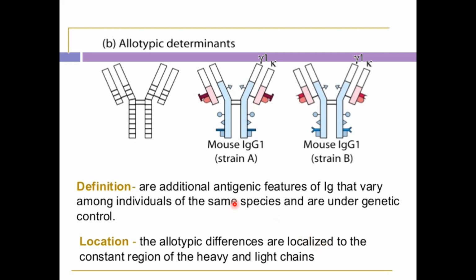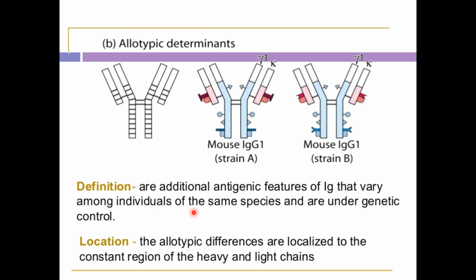Now, what are allotypes? Allotypes are additional antigenic features of immunoglobulin that vary among individuals of the same species. In isotypes, the two different species react and define the antigens as a foreign body when going from one species to another, whereas allotypes concern the same species.